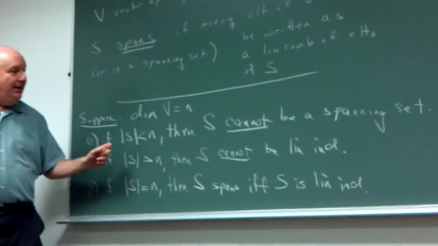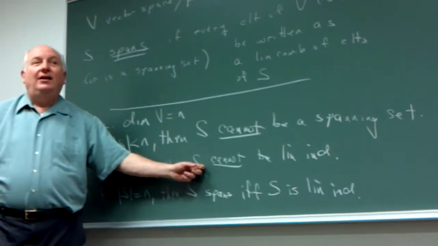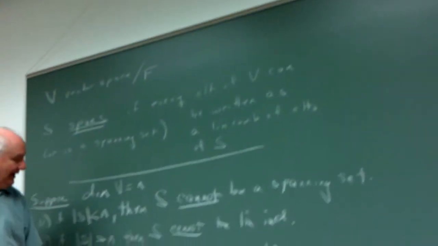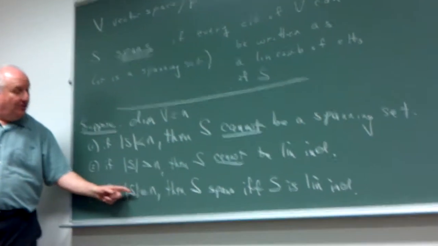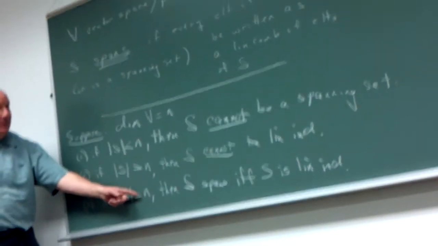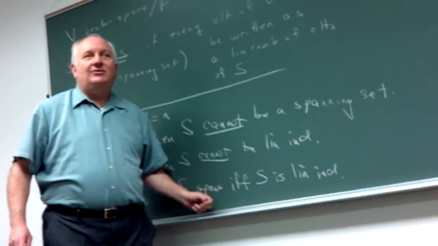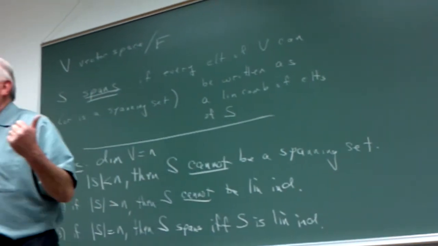If the set is too big, then the answer to linearly independent is no, and the only thing you have to worry about is whether it spans or not. If the number of elements in the set is the same as the dimension, then there are technically two questions to answer, the spanning question and the linear independence question, but the answers to those two questions are going to be the same.